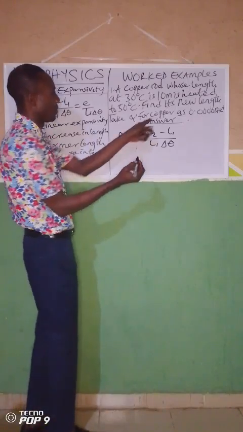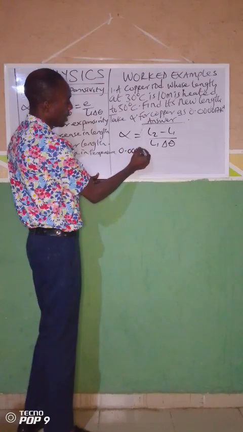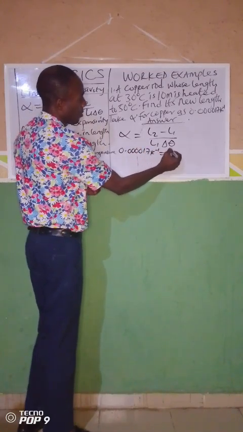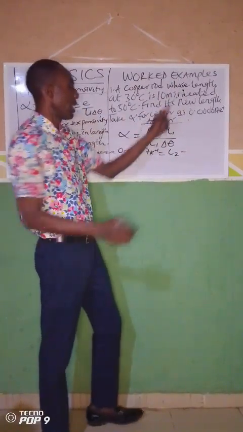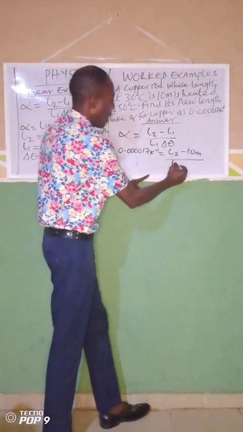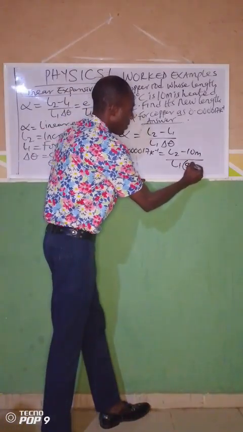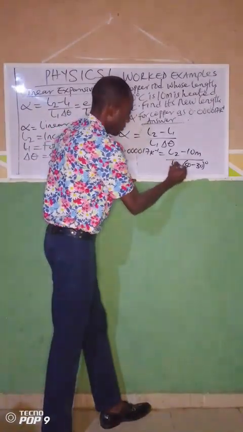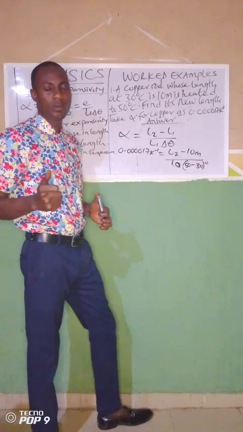Then our alpha has been given to us, alpha is 0.000017 per Kelvin, equal to L2, which we are looking for, minus L1, 10 meters, over L1. And I told you change in temperature, that's 50 minus 30 degrees. What is our L1? That's 10.